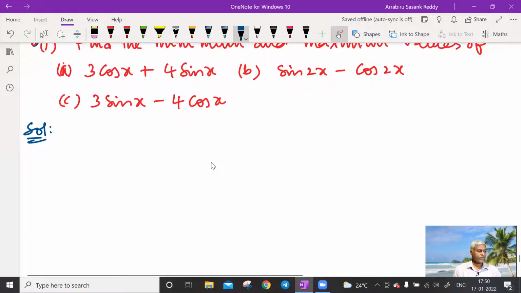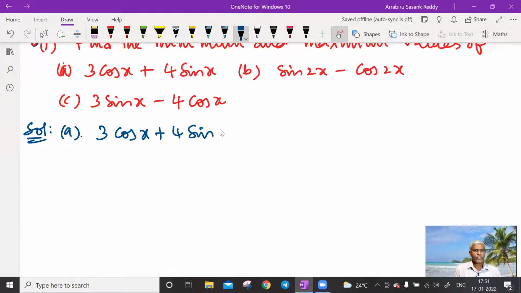Let us take up the first one: 3 cos x plus 4 sin x.